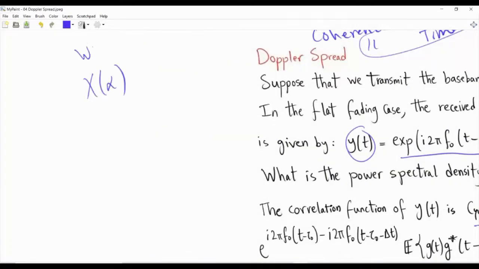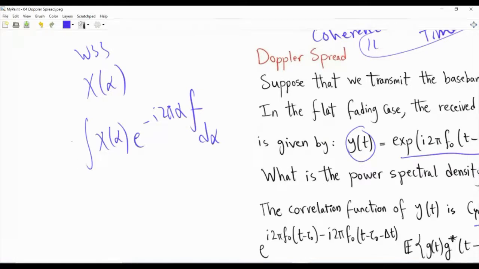For a general wide sense stationary random process x of alpha, the original definition of power spectral density is that you take x of alpha and its Fourier transform, but you do a truncated transform. You do not integrate from minus infinity to infinity.